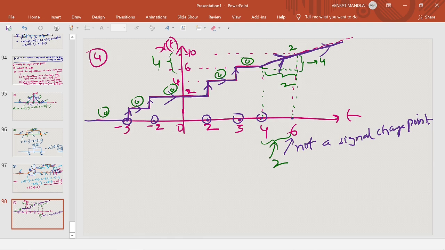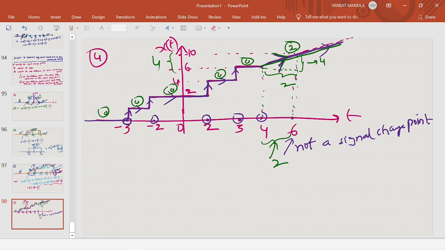So I would write the slope 2, 4 by 2, because it is increasing signal, it has plus 2. If it is a decreasing signal, you represent it with minus slope. Okay, so we have calculated all the slopes, and what do we need to do next?